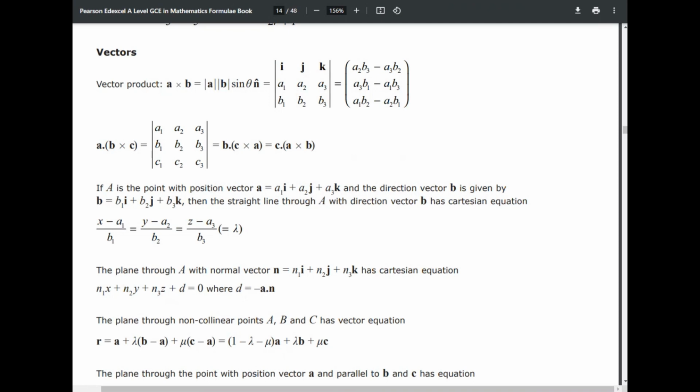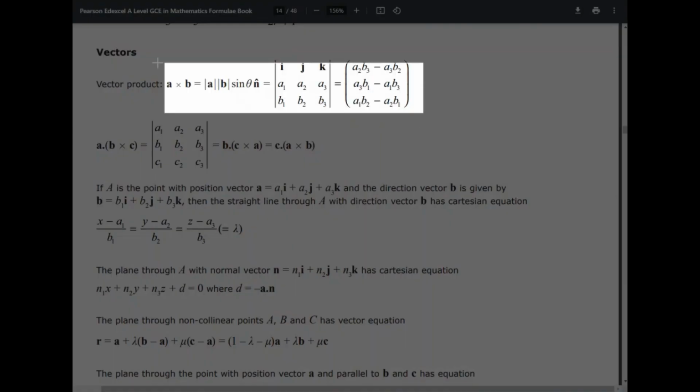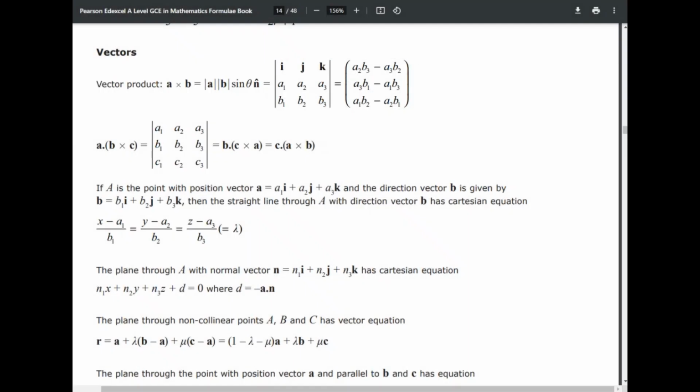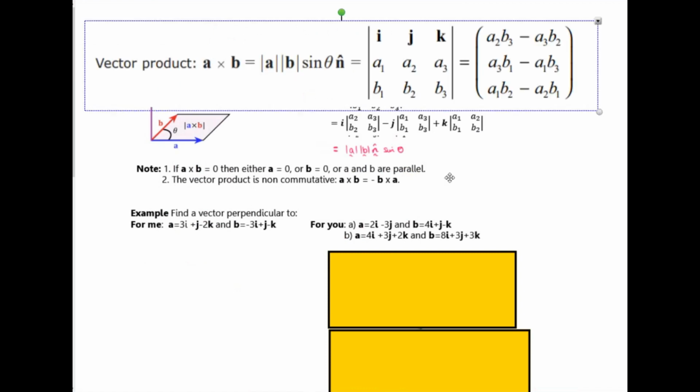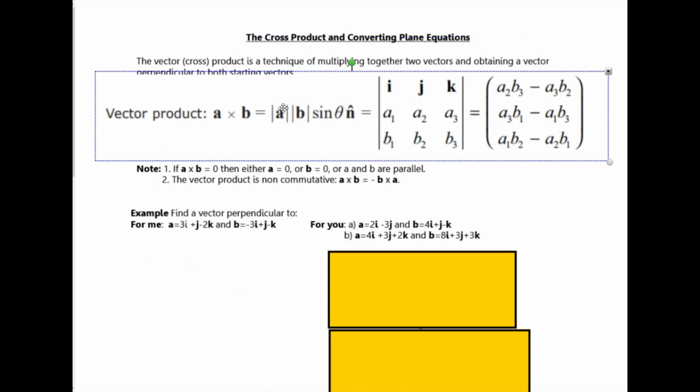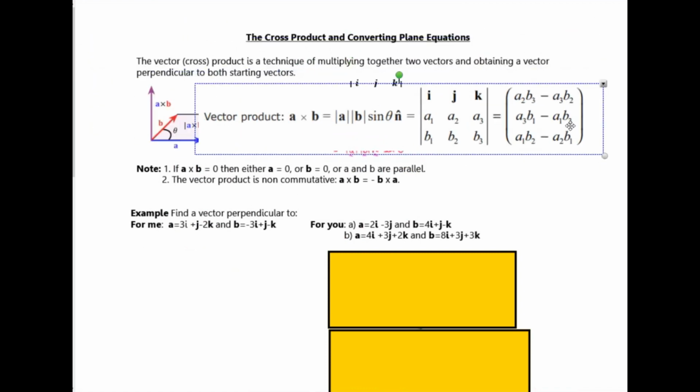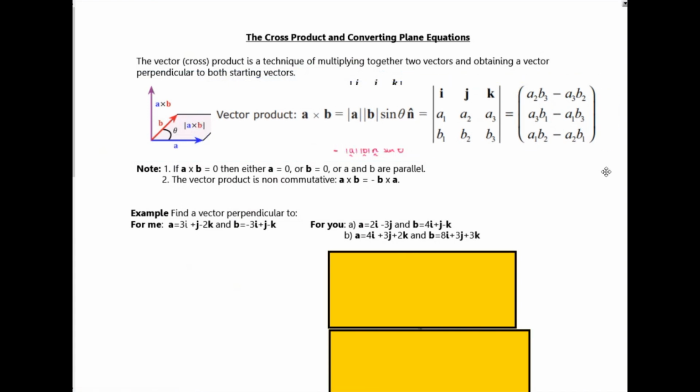But I think it's just easy to just sub the numbers into this. This is what's in your formula book, so that's what we're going to use.